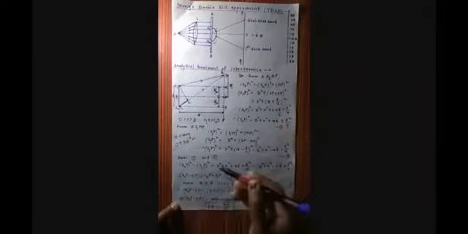So S2P square minus S1P square, do this mathematical manipulation, and finally we get this a square minus b square, means (a minus b) into (a plus b).